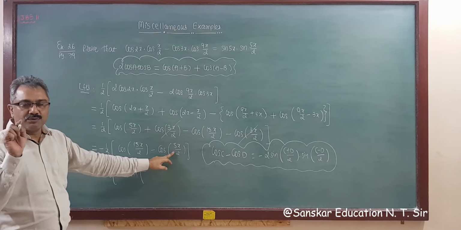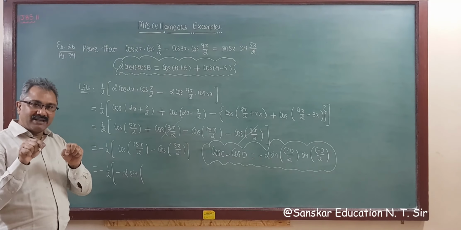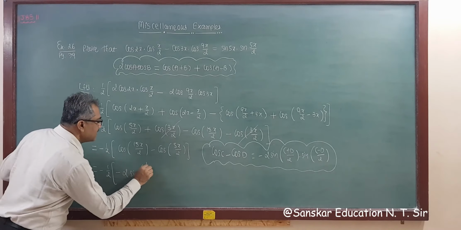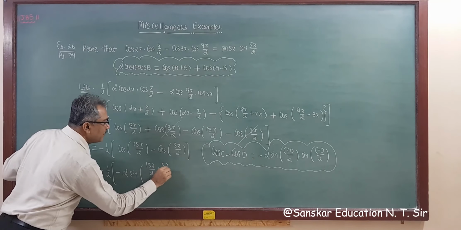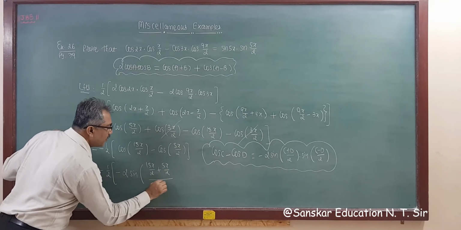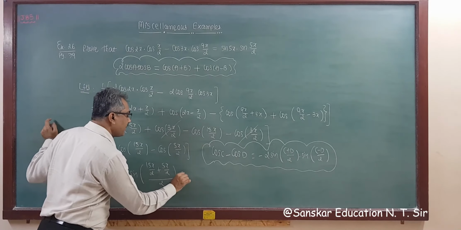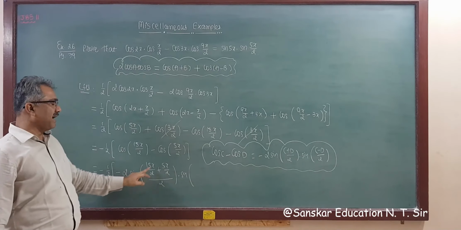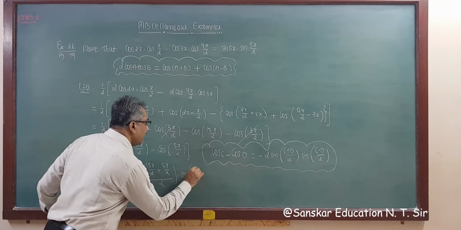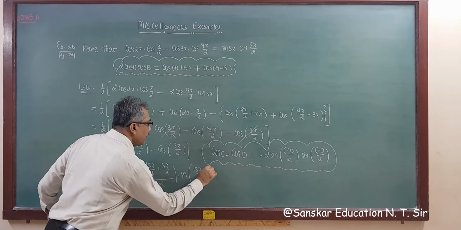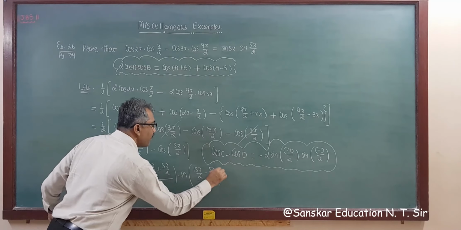You cannot add and take the LCM directly, so I am writing 15x by 2 plus 5x by 2 whole upon 2, into sin of C minus D, so sin of 15x by 2 minus 5x by 2 whole upon 2.